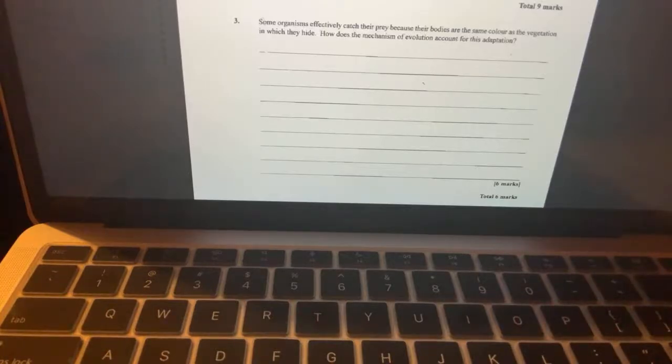So first, you would definitely need to define some terms here, right? What is evolution? What is adaptation? How does both of them work together? Let me see in the chat how you would have answered this.